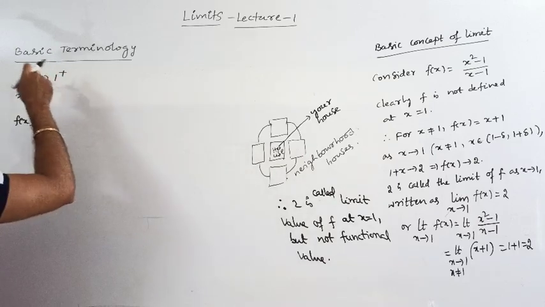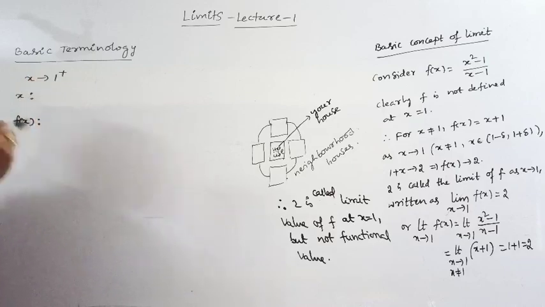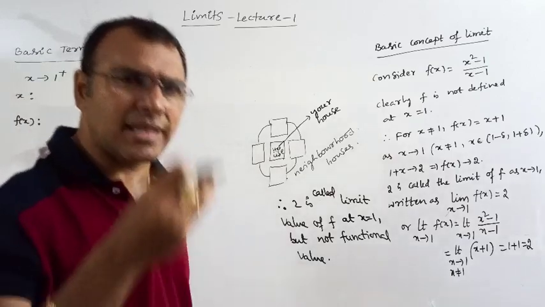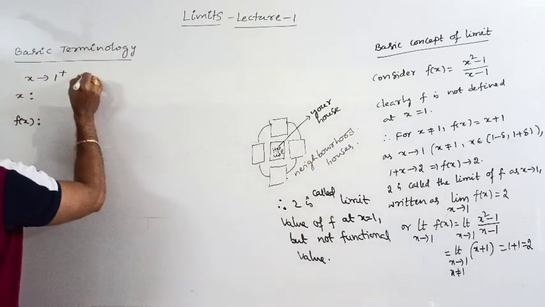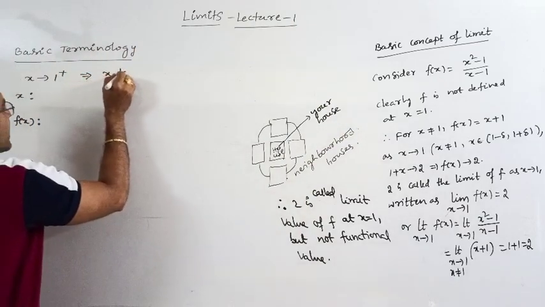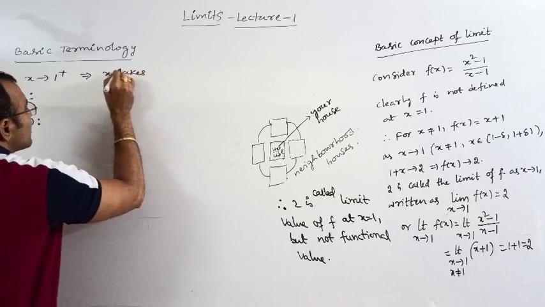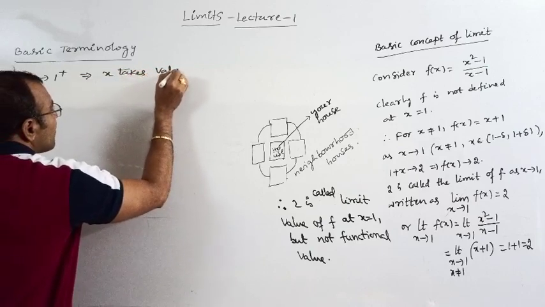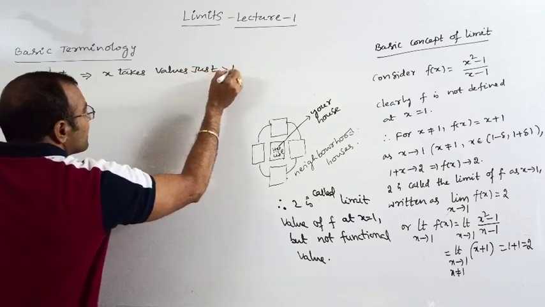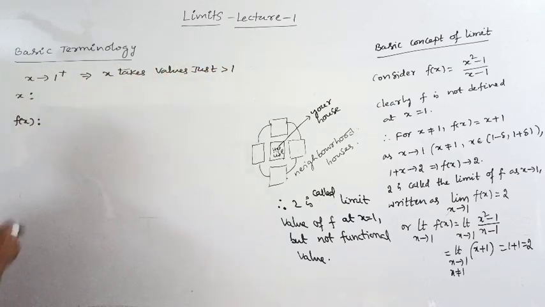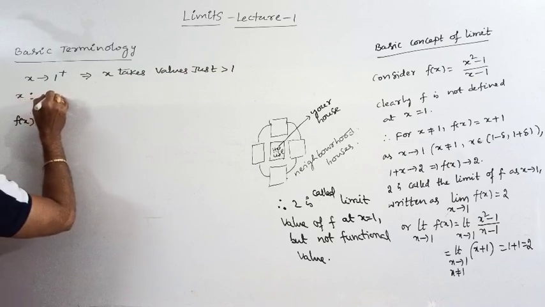X approaches 1 plus means you have to take values just greater than 1. So this implies x takes values just greater than 1. Important.